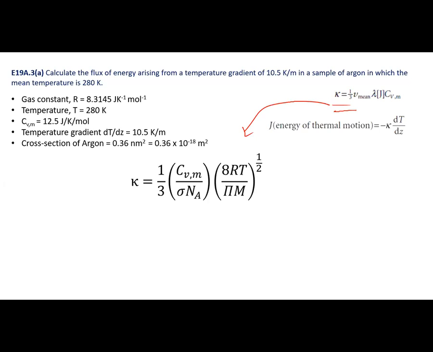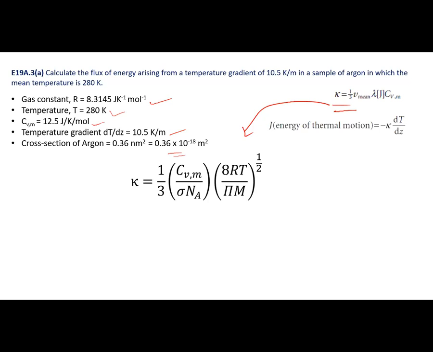What's given in the question is that dT over dz, the temperature gradient, is 10.5 Kelvin per meter, and the cross section of argon is this one, as we noted in the previous question. Temperature is given as 280 Kelvin, and we know the gas constant. At this point, it's pretty much straightforward.